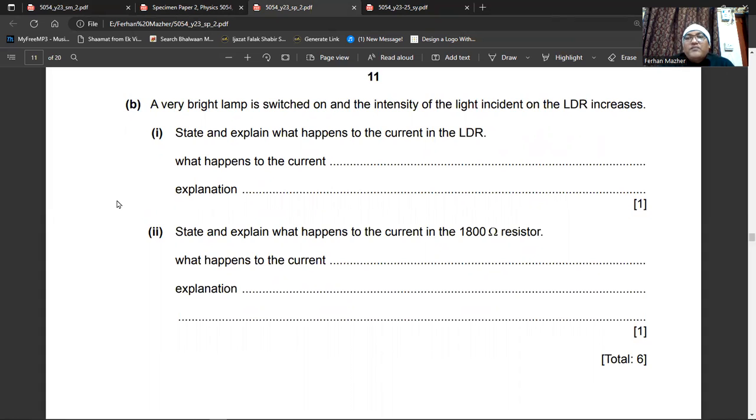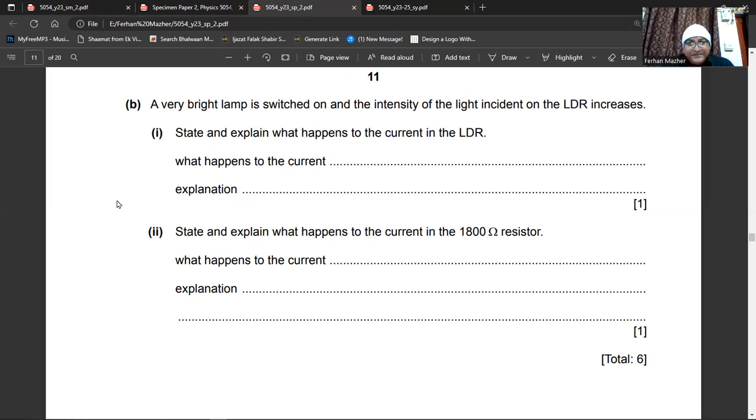The voltage drop will not change across it because it's connected parallel to the 1800 ohm, and that is connected parallel to the battery. So the voltage drop on the LDR is still the same, and due to the light, the resistance will decrease. So now, according to Ohm's law, the current will increase. Because you have increased the brightness, the resistance has decreased. Voltage drop is still the same, so the current will increase.